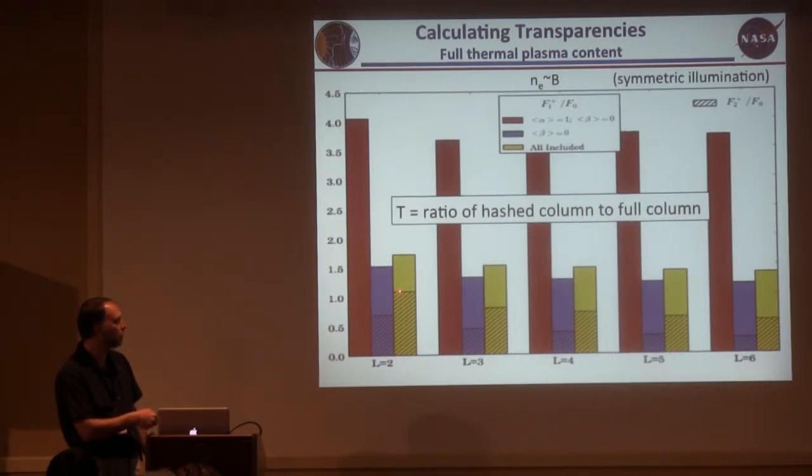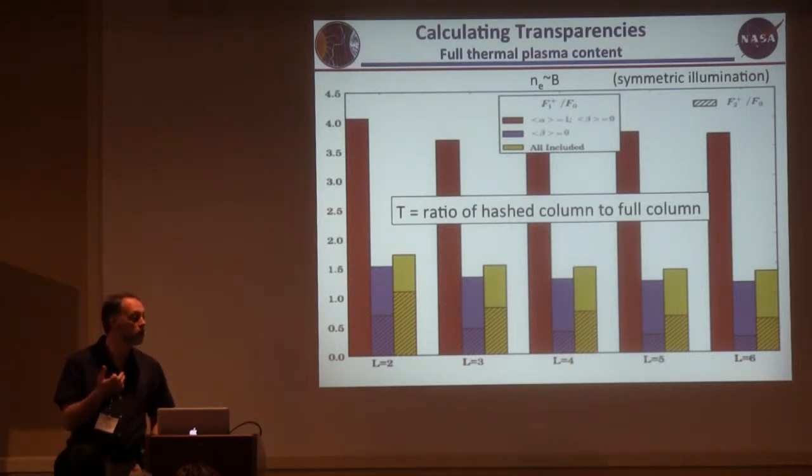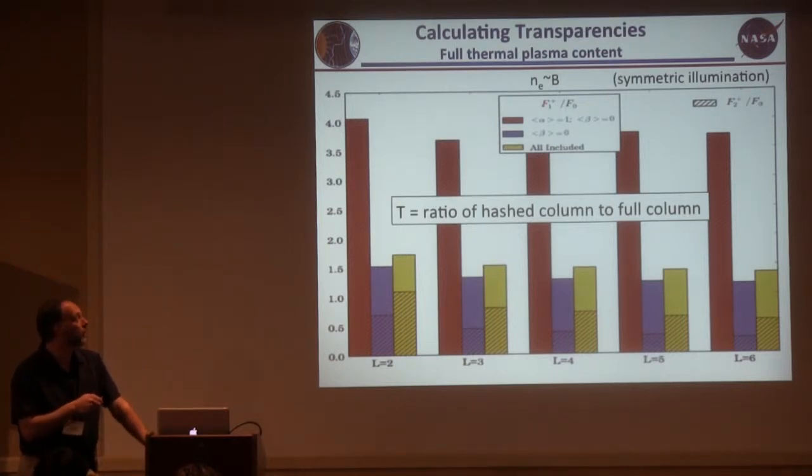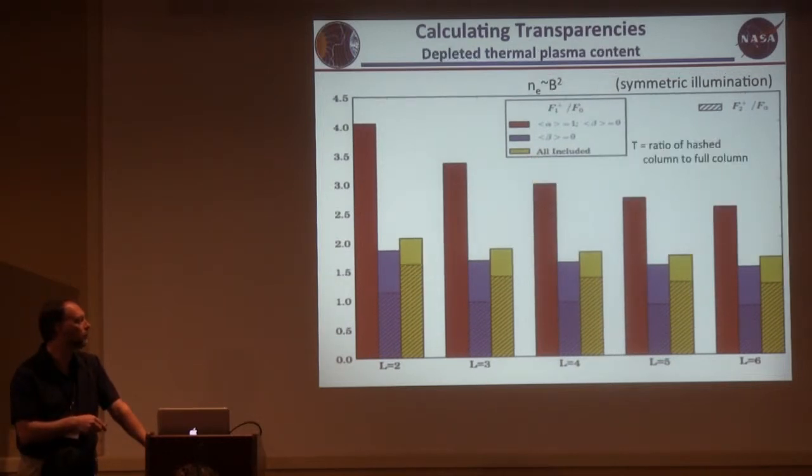In fact, you return a lot of this, so your transparency goes up quite a bit as you turn on those other processes. If we change the density along the path, so this is different L shells, you can see how that transparency changes quite a bit out to L of 6 compared to L of 2, just from the much longer path length and the much smaller source cone, changing that configuration.